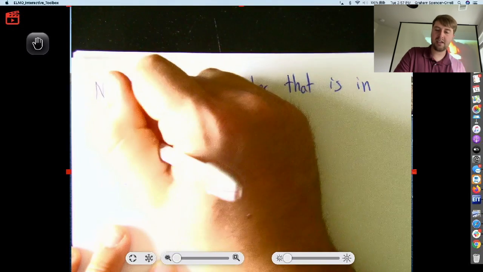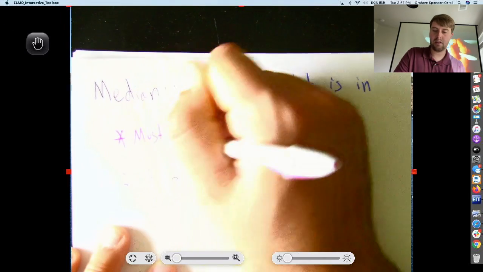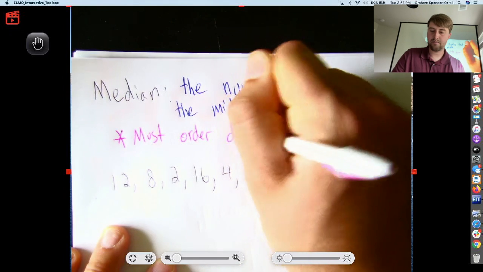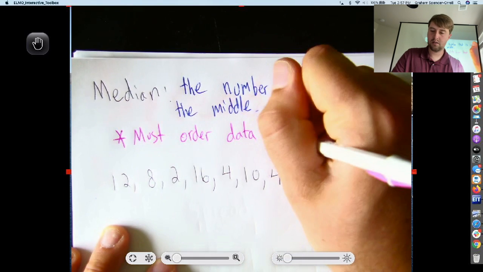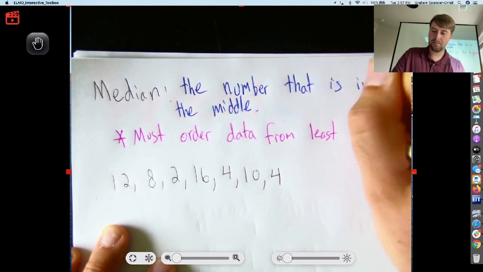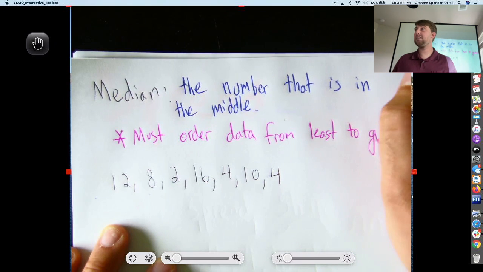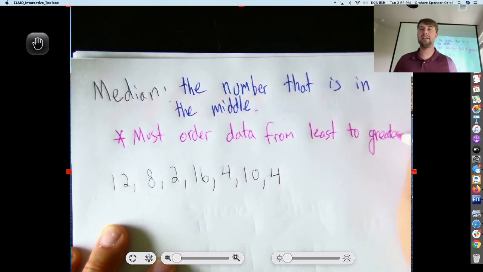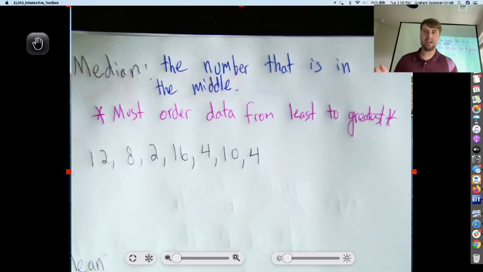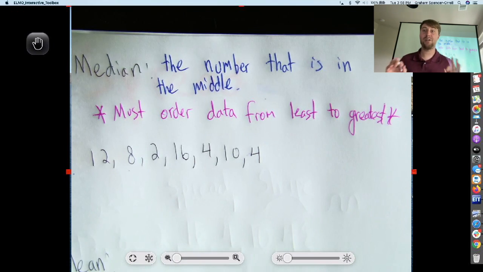So you must order the data from least to greatest. That's why we spent so much time earlier on this year looking at least to greatest, ordering positive and negative numbers just for times like this. They build upon each other, so I'm so excited to see us implement this.